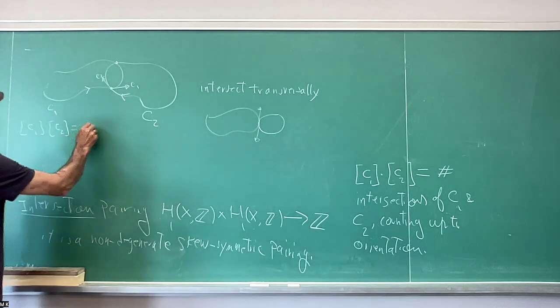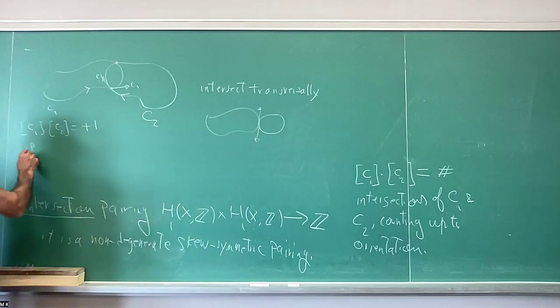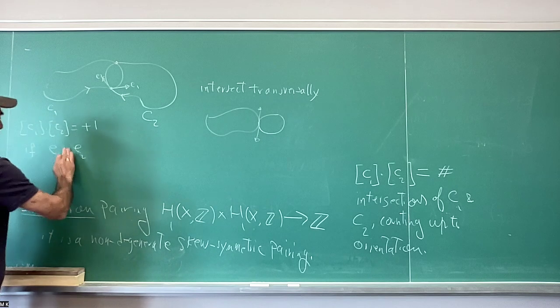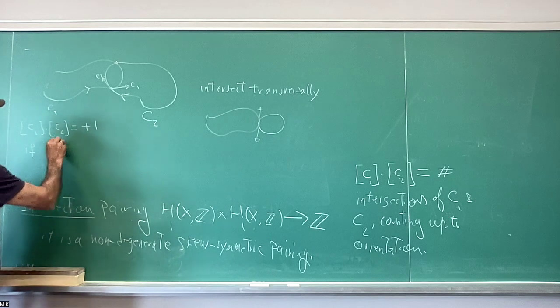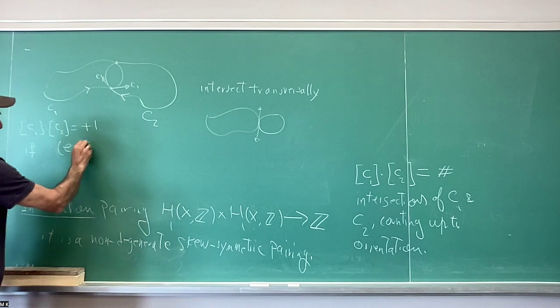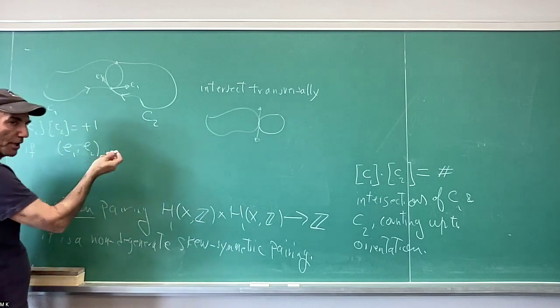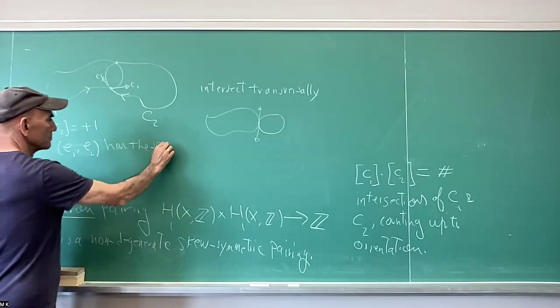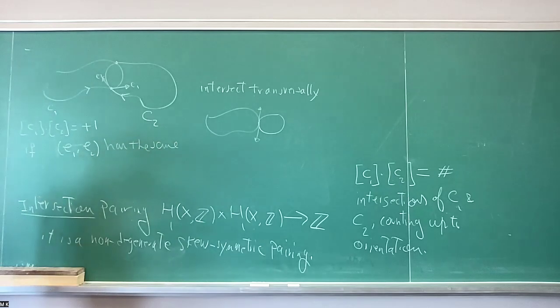So that's equal to +1 if the ordered pair E1 and E2 has the same orientation as the surface orientation at that point.